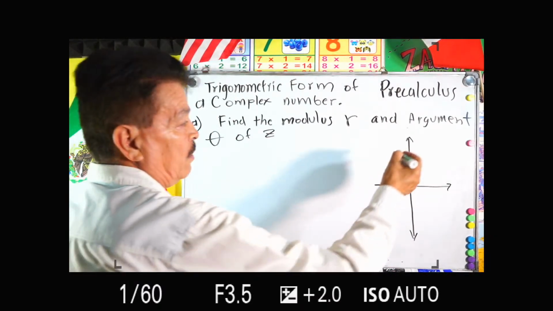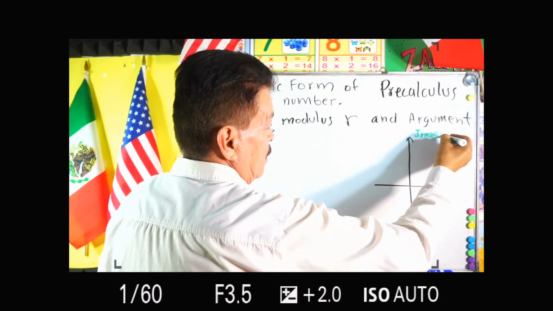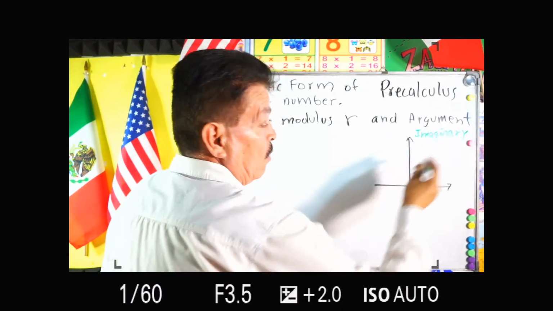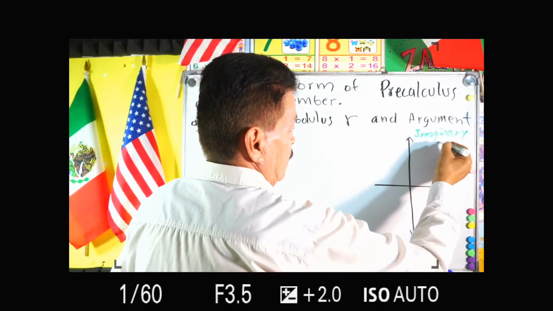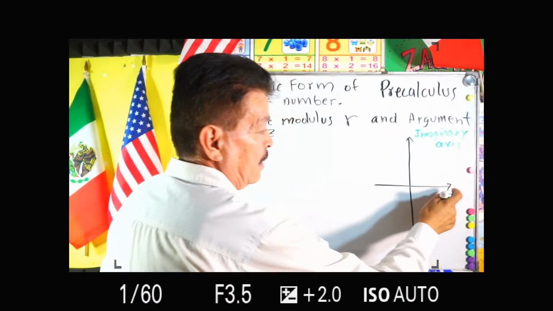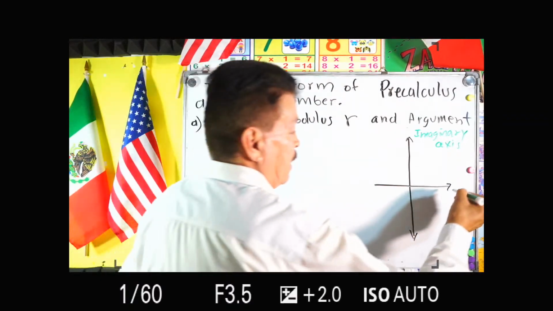On top we write imaginary, this imaginary axis. And the horizontal one we call the real axis. Real.